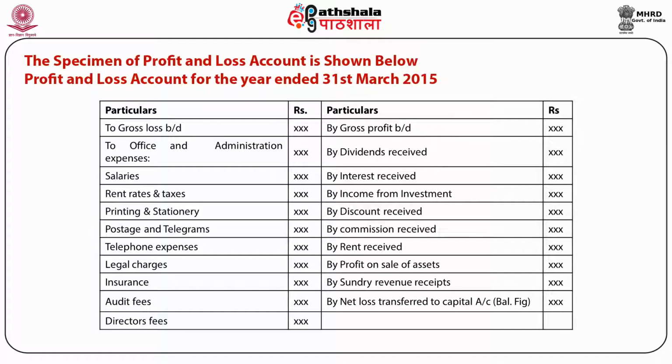Then expenses such as office and administration, salaries, rent and taxes, printing and stationery, postage and telegrams, telephone expenses, legal charges, insurance, audit fees, director fees, and incomes such as dividend received, interest received, income from investment, discount received, commission received, rent received, profit on sale of asset, sundry revenue receipts.